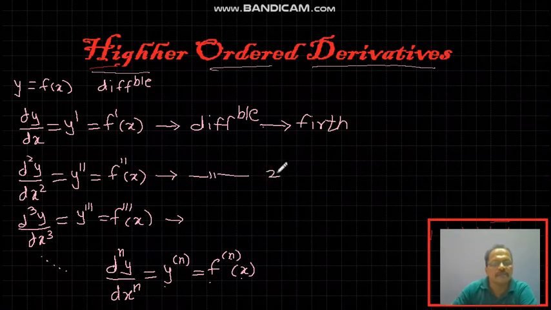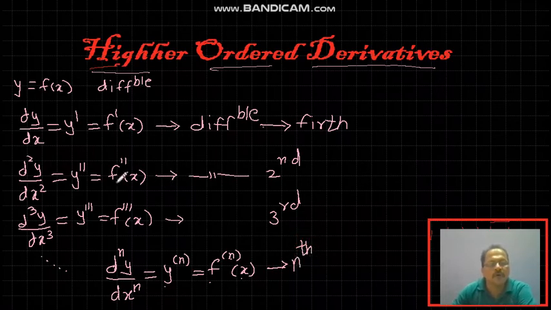This is second derivative of x. This is third derivative of x, and dny by dx raised to n is nth derivative of x. Or we may also say first ordered derivative, second ordered derivative, third ordered derivative, and so on.